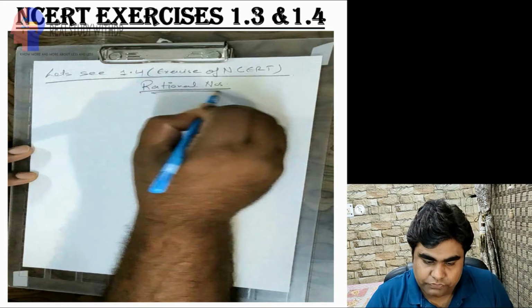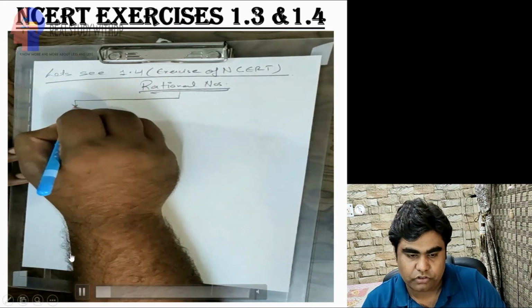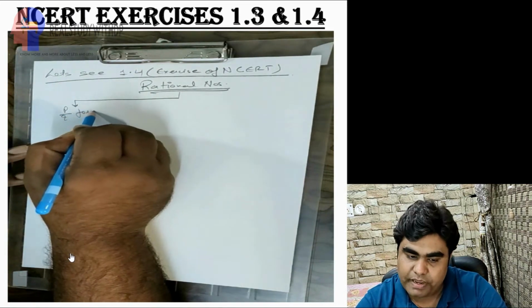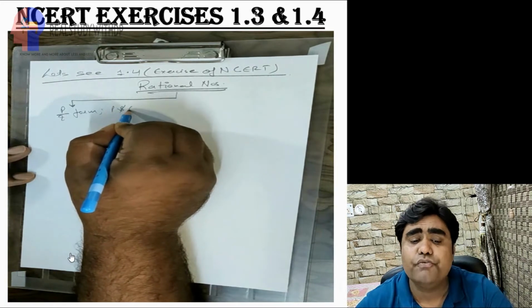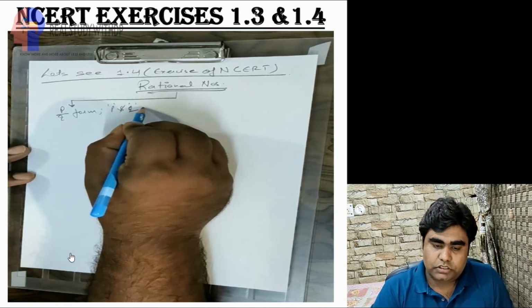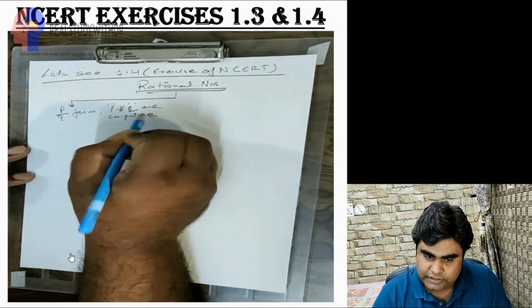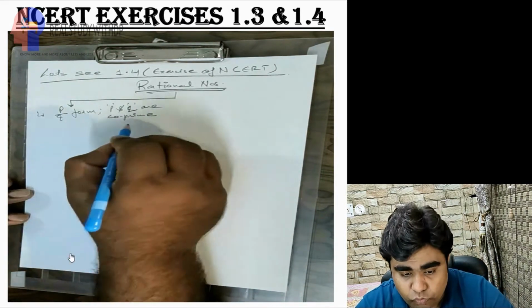As far as rational numbers are concerned, we have already discussed that these numbers can be represented in the form of p by q, and this p by q form has some attributes associated with it. The first one is that p and q must be coprime.